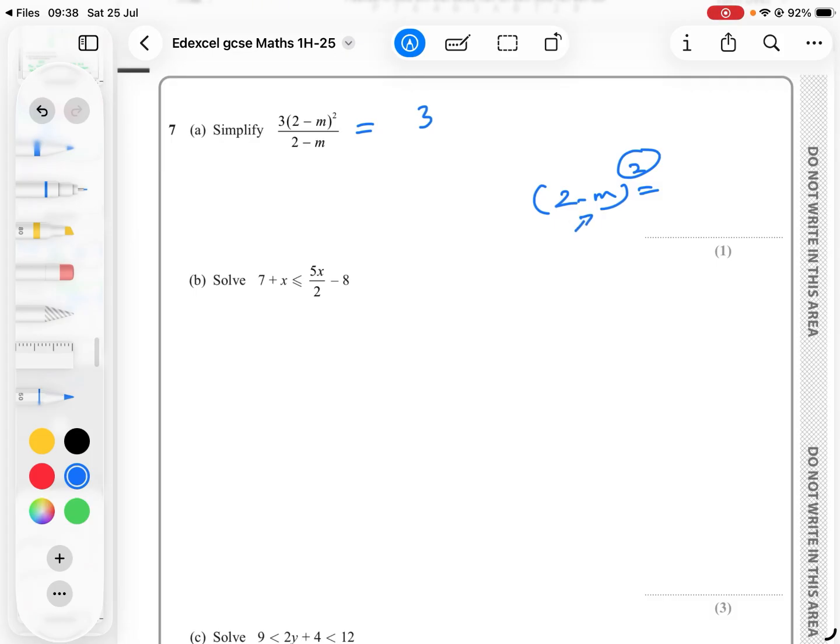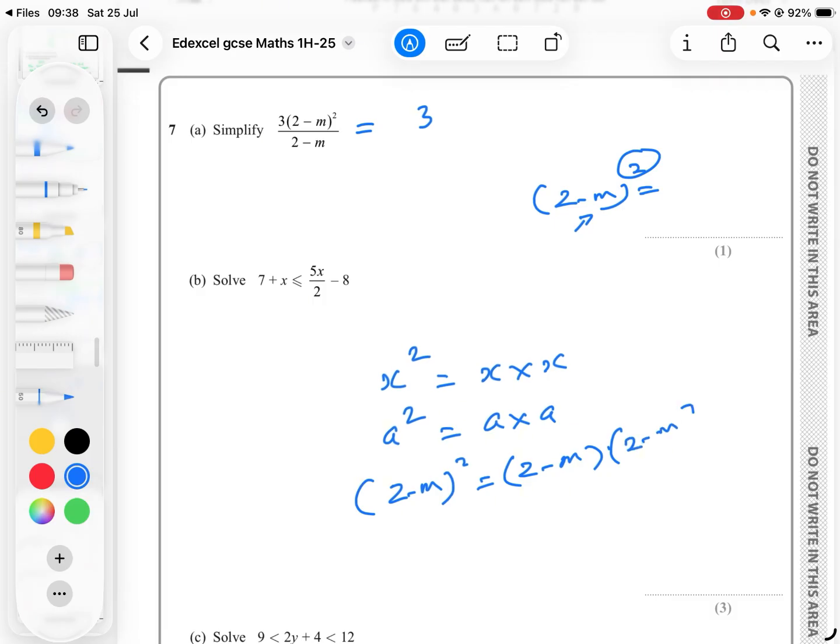Like x squared, you say x times x; a squared, a times a. Likewise, 2 minus m squared means 2 minus m times 2 minus m.